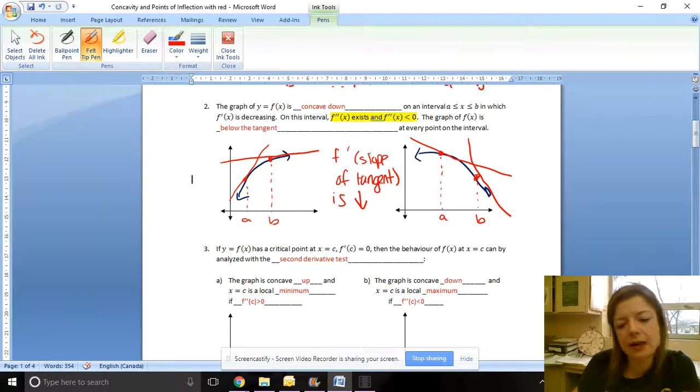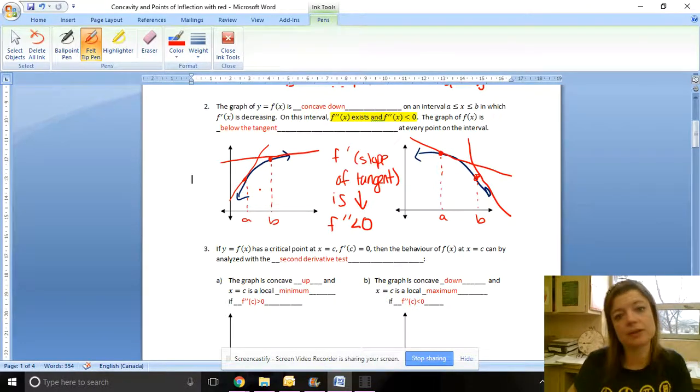Over this entire interval, f prime is decreasing, so the second derivative is negative. If the graph is concave down, the first derivative is decreasing, which means the second derivative is negative.